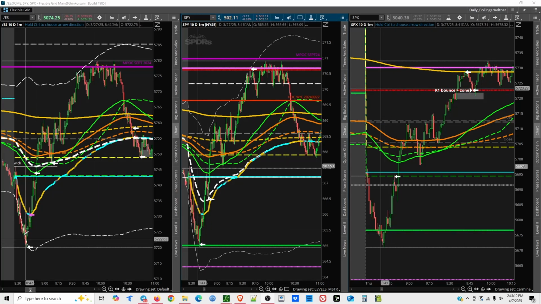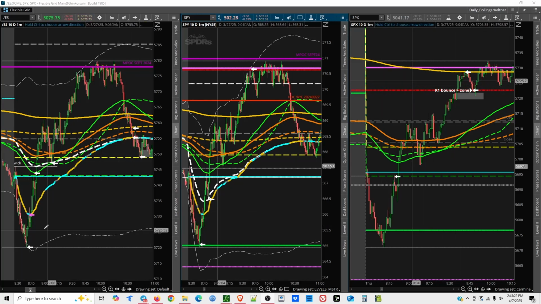And it bounced, and ES and SPY actually touched their intraday VWAPs just about at the same time. And had you taken a short right there, this would have moved from 57.30 down to 57.26. So that's 4 points, $200.